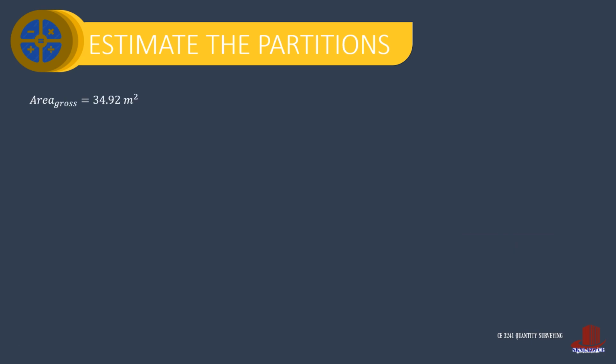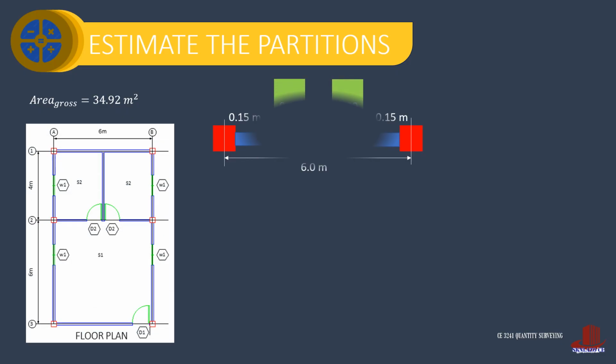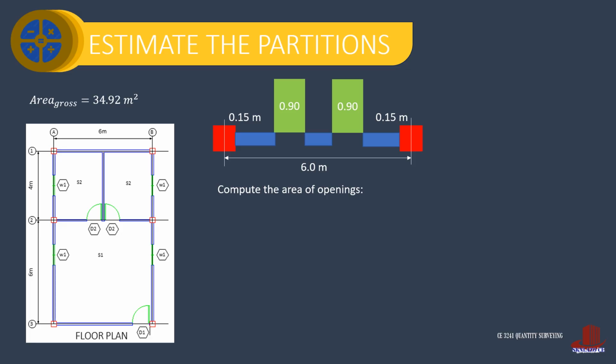The gross partition area is 34.92 square meters, but we need to account for the openings. There are 2 narrower doors along grid 2, so the area is then twice of the door dimensions of 0.9 by 2.1. Then also include the space underneath, and that is 0.9 of 2 layers or 0.4 meters.